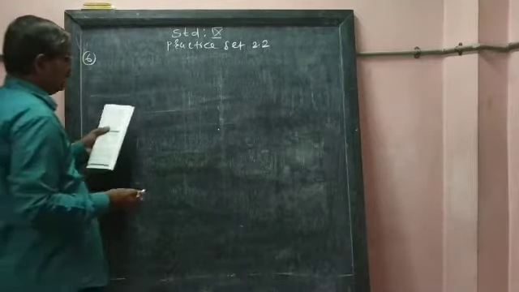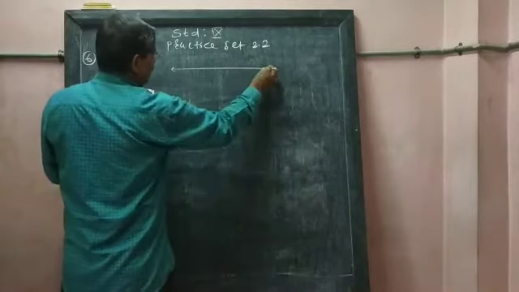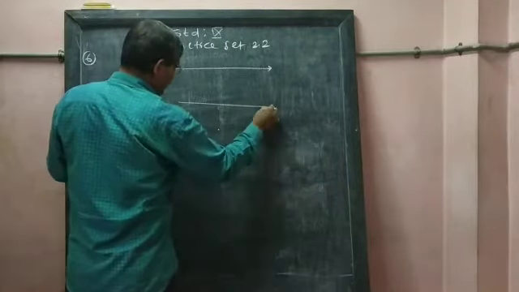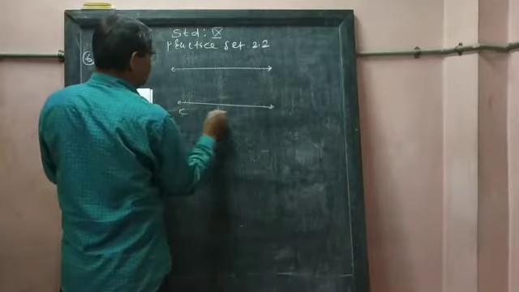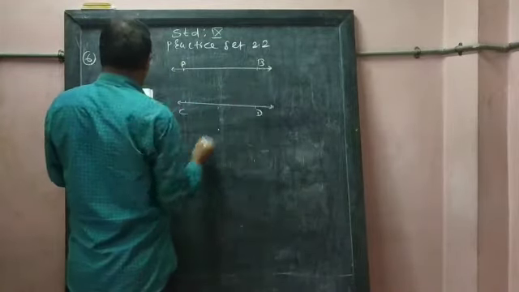Now here there is one line AB. There is another line given here, CD.